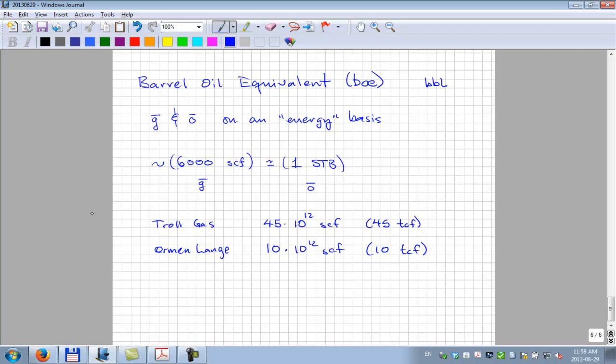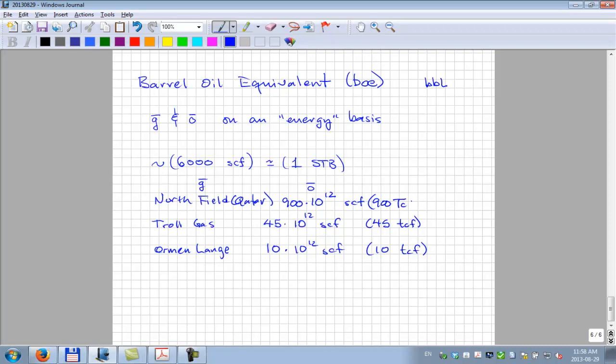And the largest gas field in the world is in Qatar. It's basically all gas, and this is called the North Field in Qatar, and it's about 900, they say, I'm not sure they really know, TCF, okay?